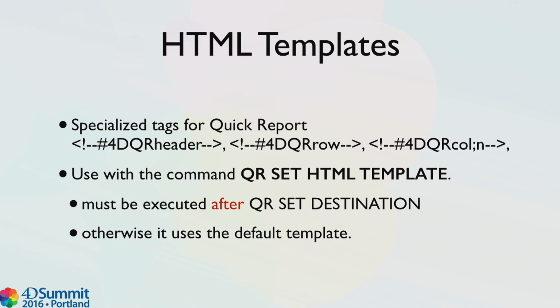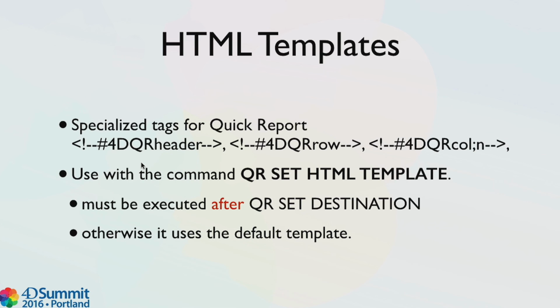However, I know that the HTML templates didn't look so good, but you can use your HTML templates and put there your CSS styles to make it nicer. So you can use your own templates, with some special tags for quick report inside.